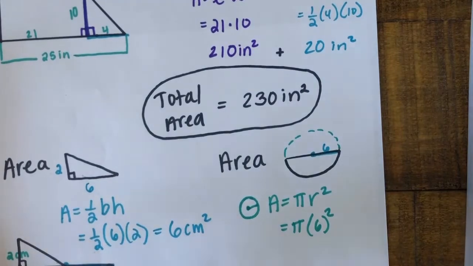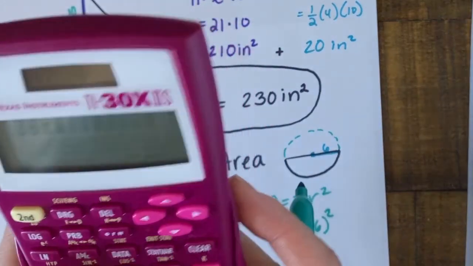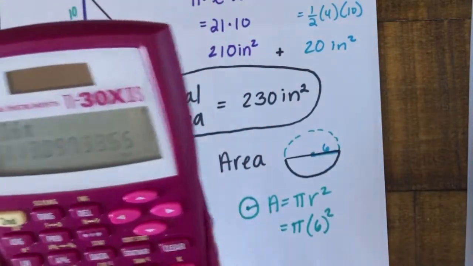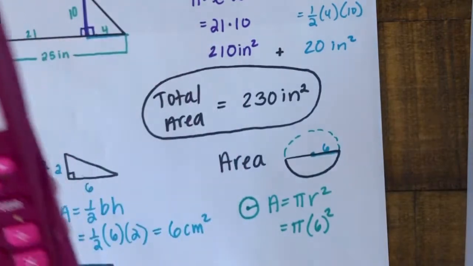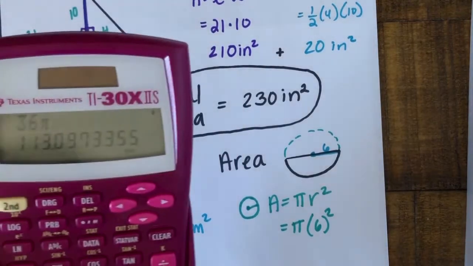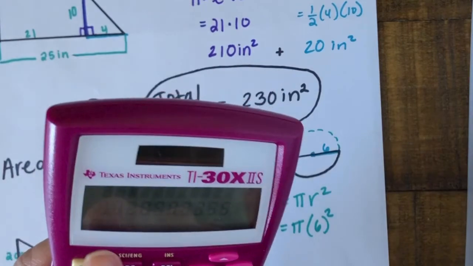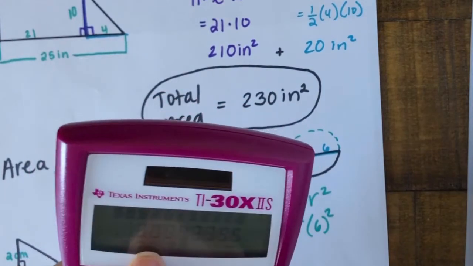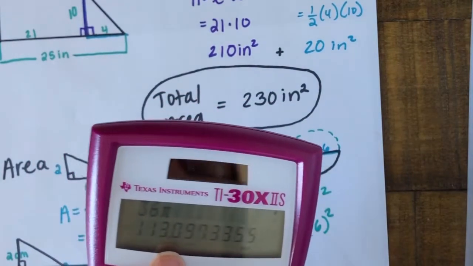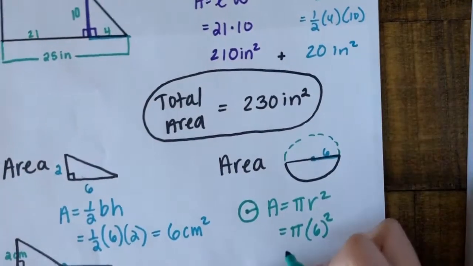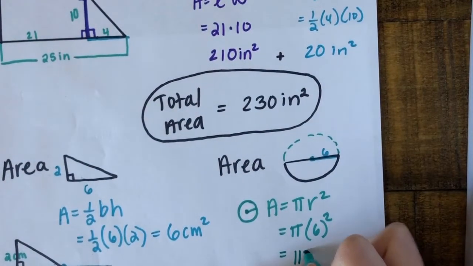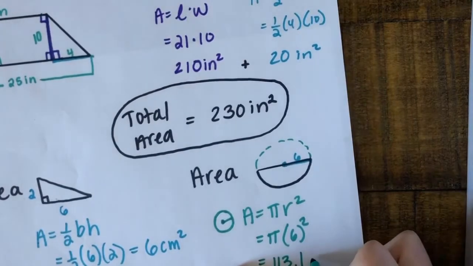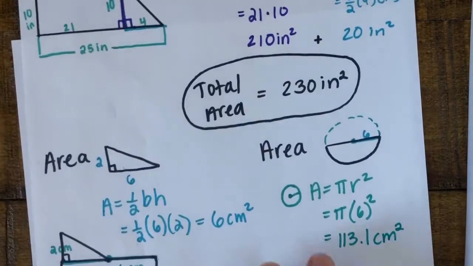36 times pi will give me a rounded answer. Now I would prefer that you use a rounded answer, rounded to 1 or 2 decimal places, because it's going to make it so you can add your terms together. So we do always want to get our rounded one. I'm getting 113.1 as my rounded answer, and that's centimeters squared as well.